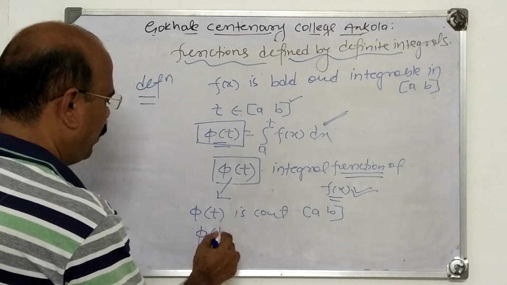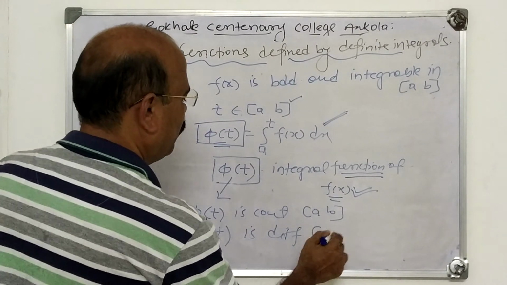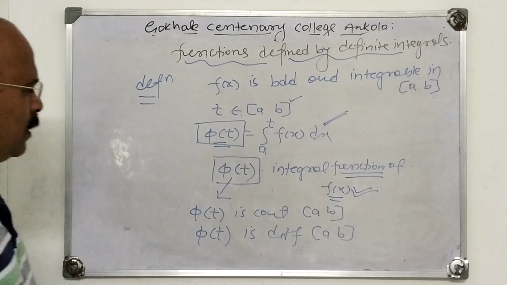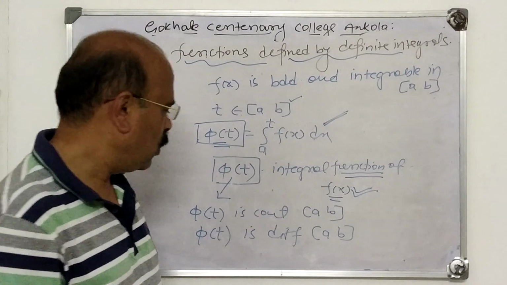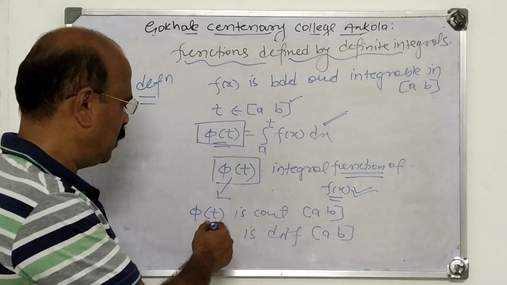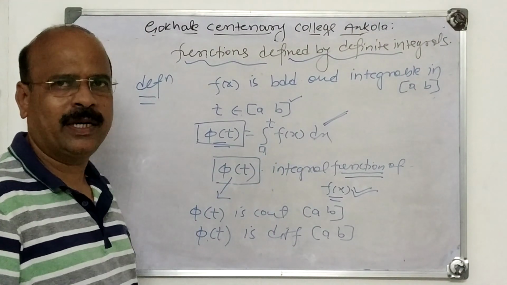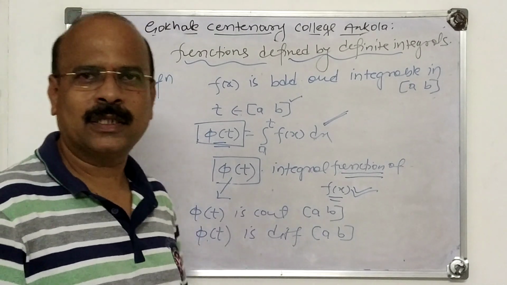Second, φ(t) is differentiable in [a, b]. Then finally we state and prove the fundamental theorem of calculus, which gives the relation between this φ(t) primitive and f(x) primitive. That I do in the next video. Yes, thank you.